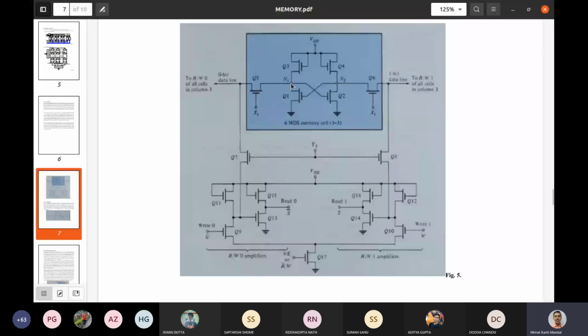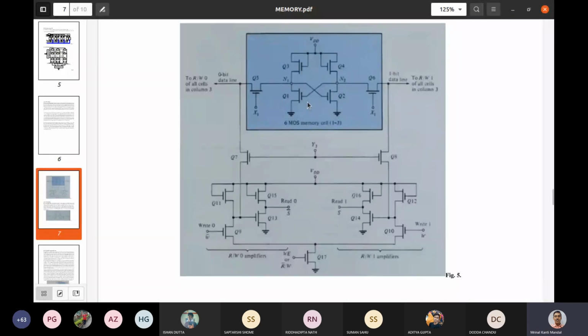So this low node voltage cannot turn on transistor Q2. In other words, if this voltage is low, this transistor is in the conducting state, so its gate voltage is high. So when one is high voltage and the other is low, the low voltage cannot turn on Q1. That means Q1 is off and Q2 is on.